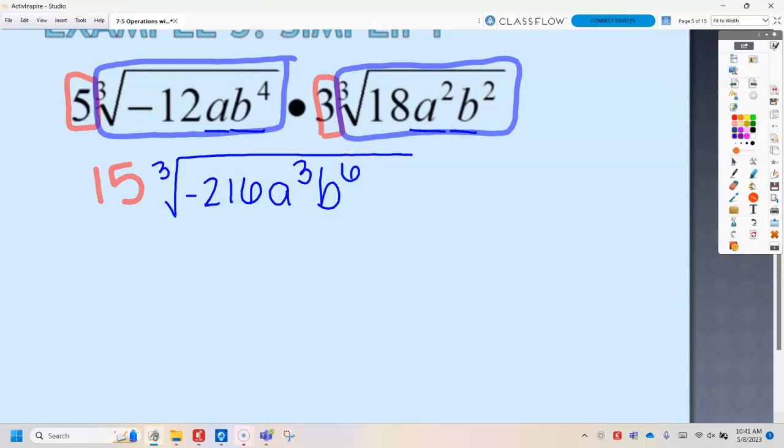Now what's really nice is upon multiplying them, they all became perfect cubes. 216 as a cube is 6. It is the cube root of 6. So you get 15 times negative 6. And then you take your powers of your exponents and divide them. 3 divided by 3 is 1. 6 divided by 3 is 2.